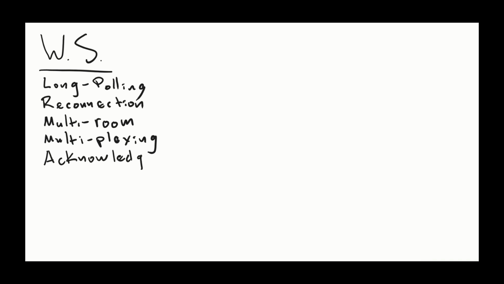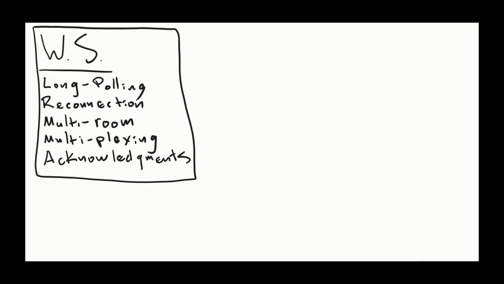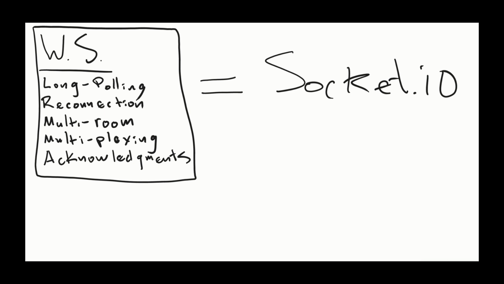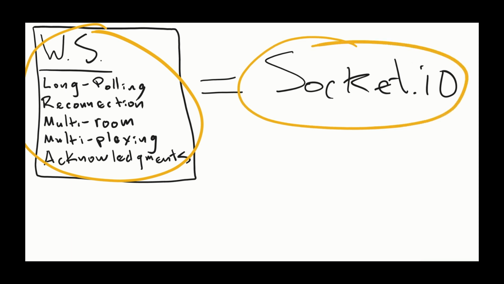Okay, so what you just made here in your WebSocket Plus thing, in order to get your app to handle all the use cases that you need, is better known to the world as, you guessed it, Socket.IO. Meaning, what you could do over here by yourself, this already does out of the box.